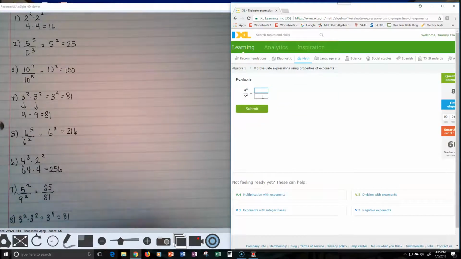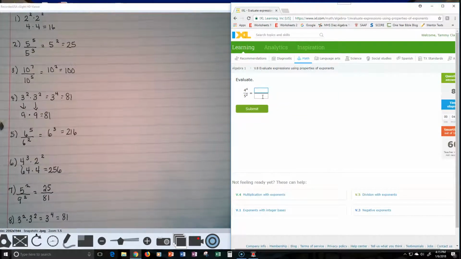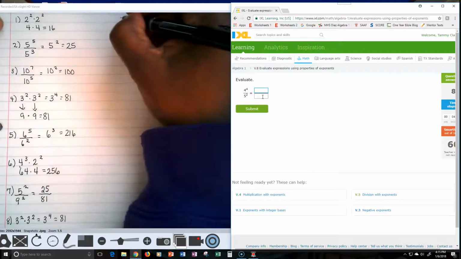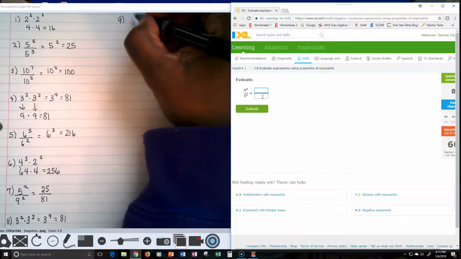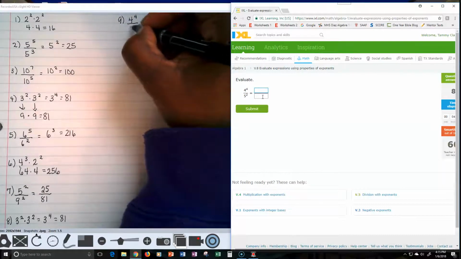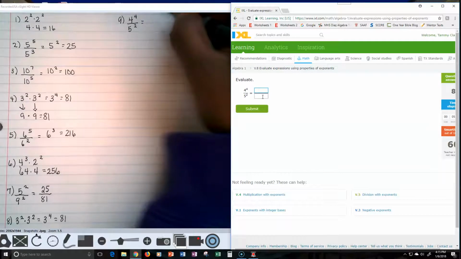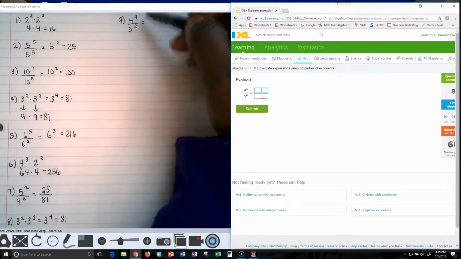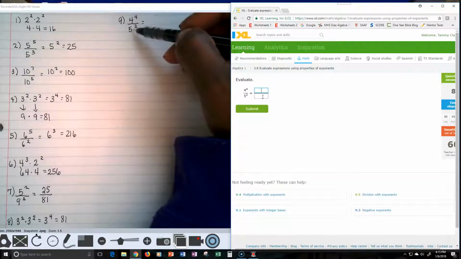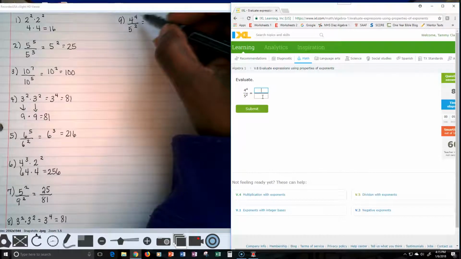Number 9, we have 4 to the 4th power divided by 5 to the 2nd power. Again, we cannot use the rule where we just subtract the exponents because the bases are not the same. So 4 to the 4th power, let's see, I think that's 128.